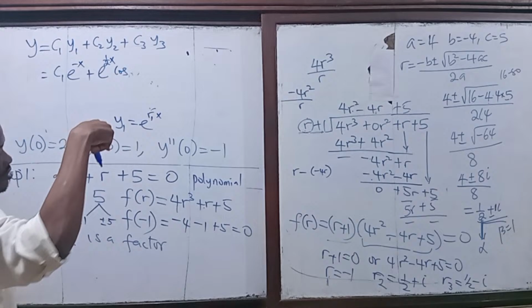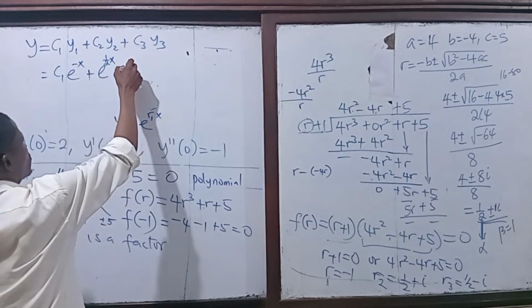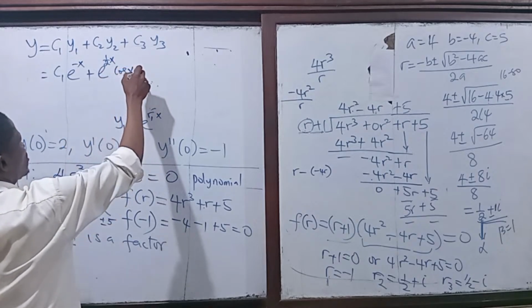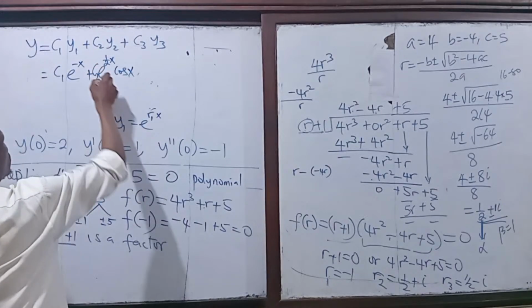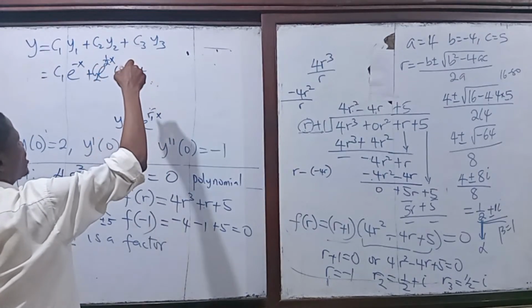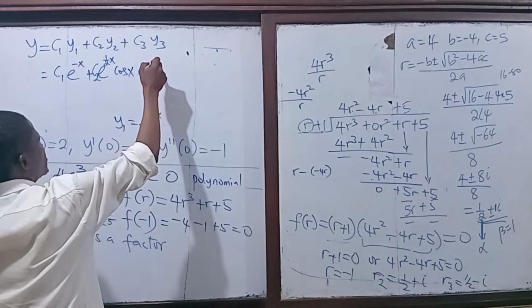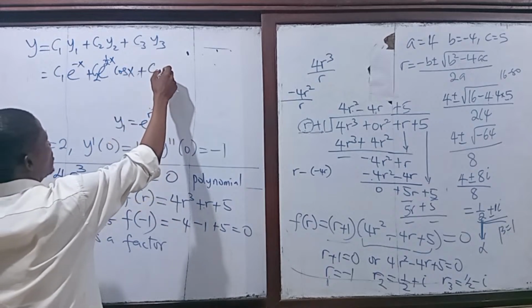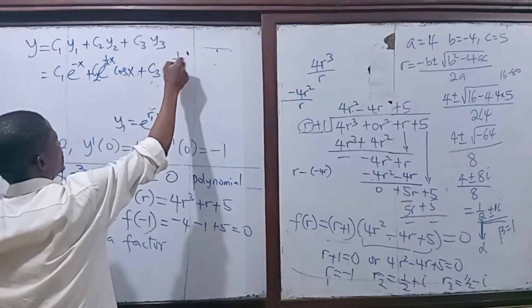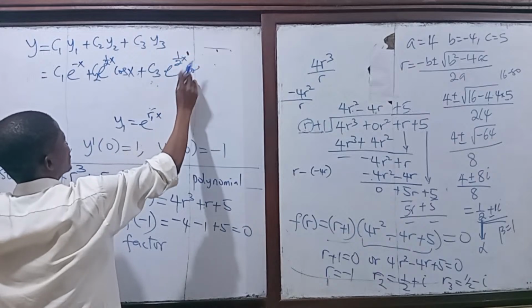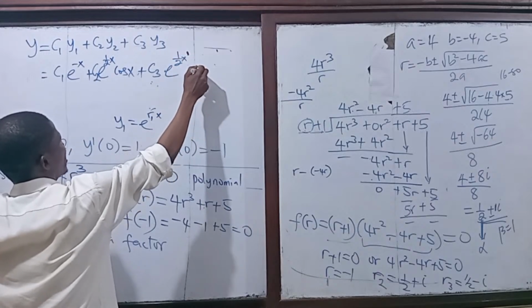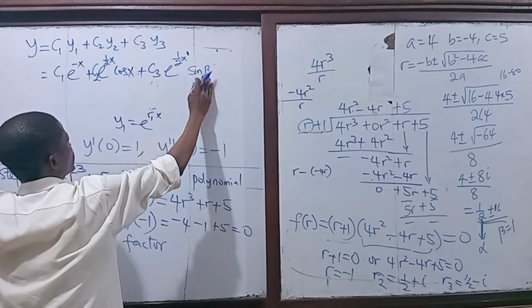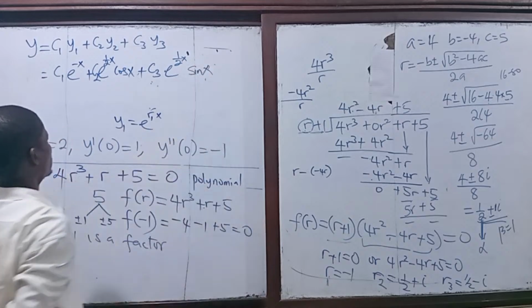My beta is 1, so that's cos x, that's c2. And then plus c3: my y3 is e to the power half x, sine beta x, and beta is 1. So that's that.